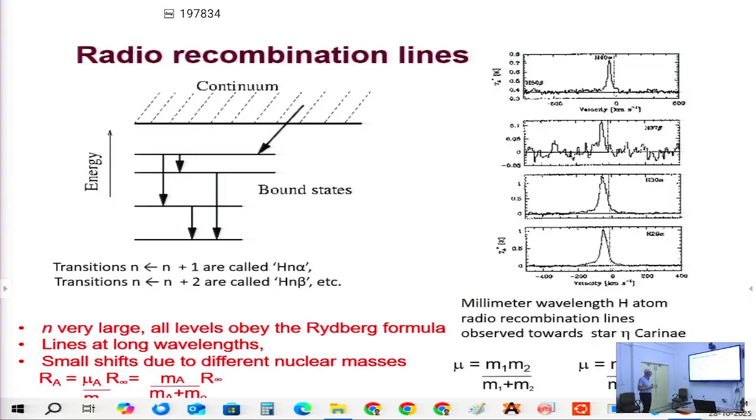These are so-called radio recombination lines. What happens here is that if you have an ion, and this is particularly true in the interstellar medium where things are very diffuse, so you get very few collisions, say carbon plus, which forms very easily in the interstellar medium, you can recombine with an electron, so you go from the electron being in the continuum to a bound state.